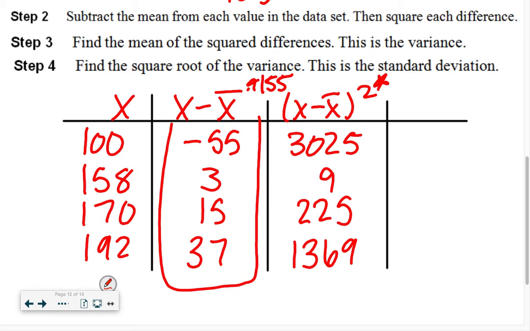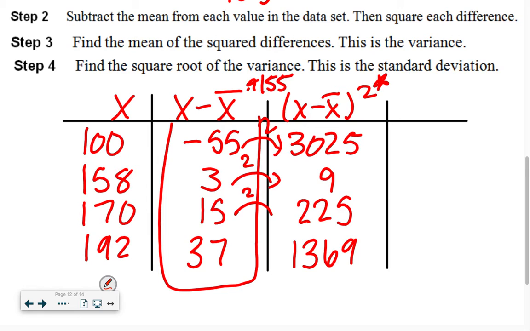All we do is take this number, and to get this number, all you do is square it. So multiply it by itself. 3 squared is 9, 15 squared is 225. Good?